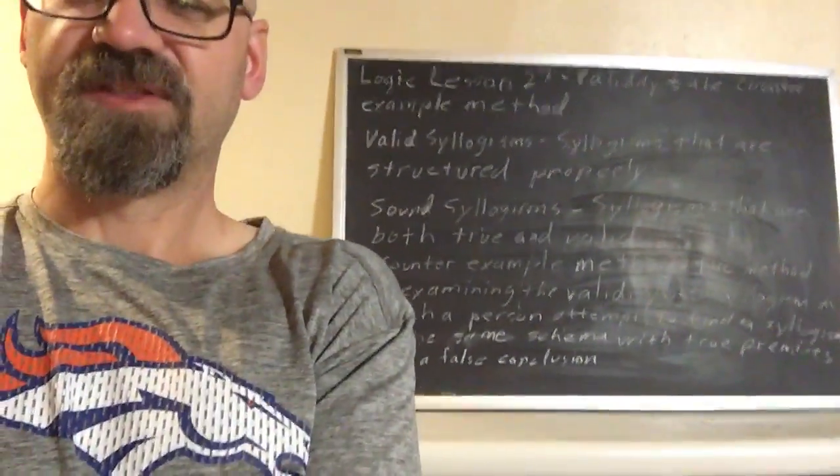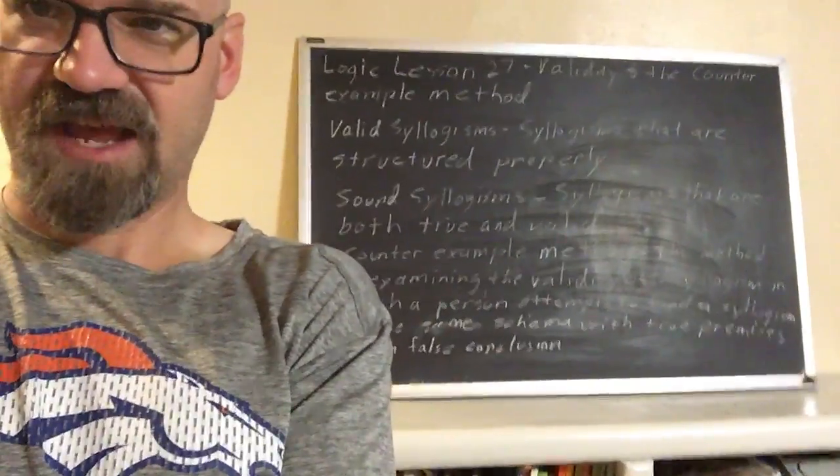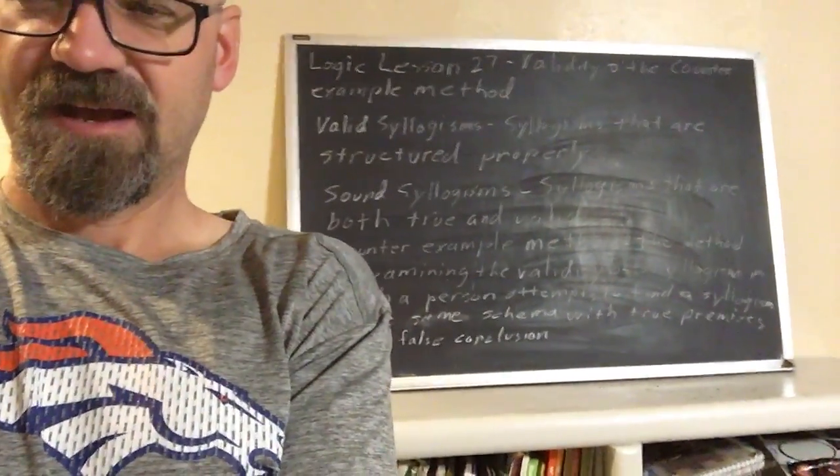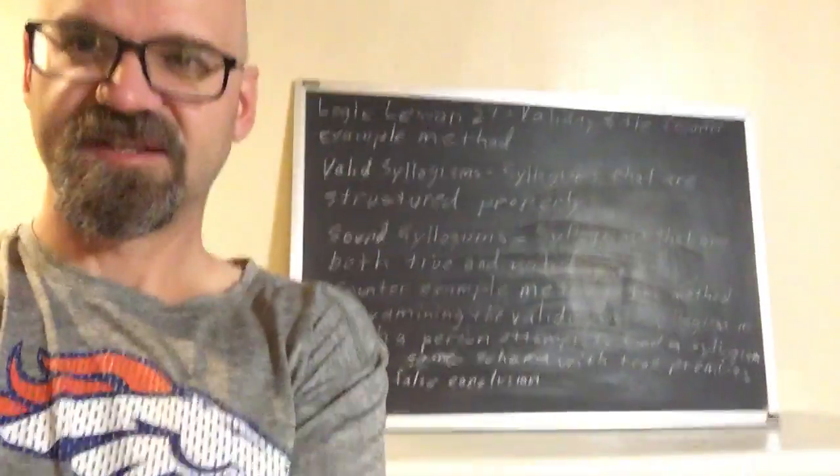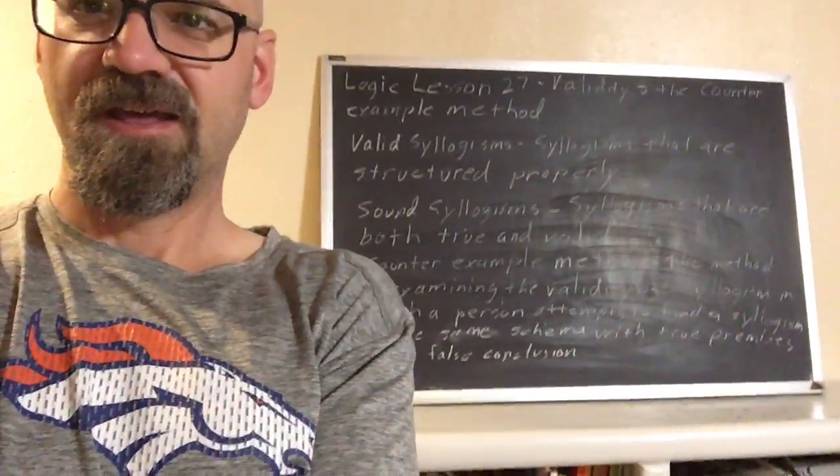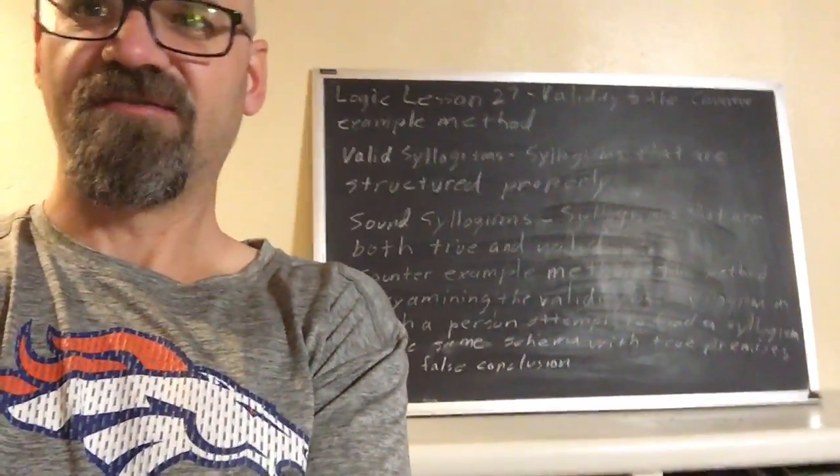And if you can come up with a syllogism with the same schema that has two true premises and a false conclusion, then that schema is invalid.